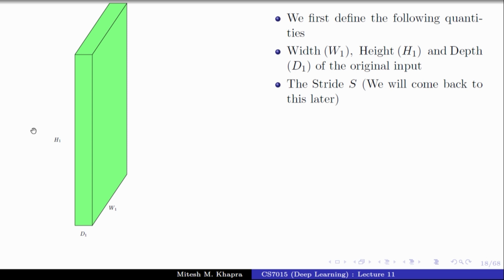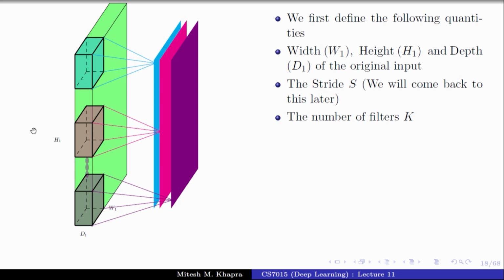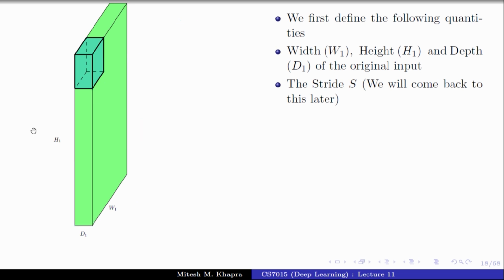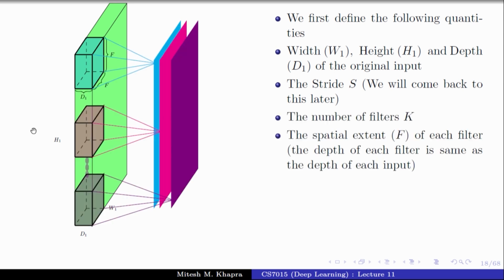I'll come back to the stride later on. And there is something known as the number of filters K. I said I could apply the blurring filter, the sharpness filter, the edge detector filter. So I have K such filters. And for each filter, I'll get one 2-dimensional output, right? So I had 3 filters here, so I'm getting 3 2-dimensional outputs.